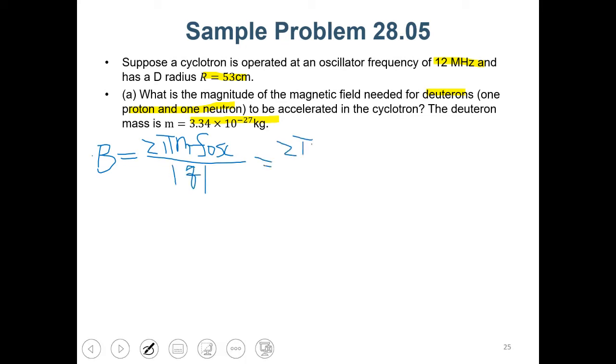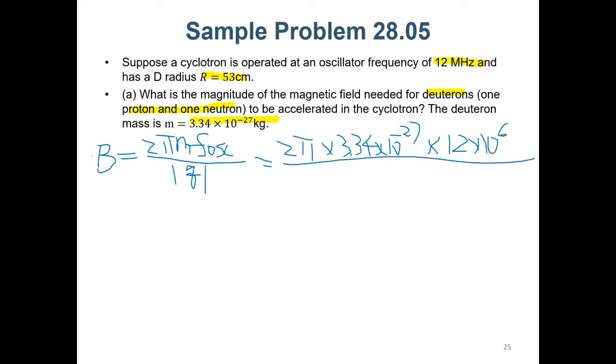So we substitute 2 pi, and then m is 3.34 times 10 to the minus 27, and then the frequency is 12 megahertz, 12 times 10 to the 6, over q. q is one proton, one elementary charge, 1.6 times 10 to the minus 19, because the one is a proton, which is plus e.